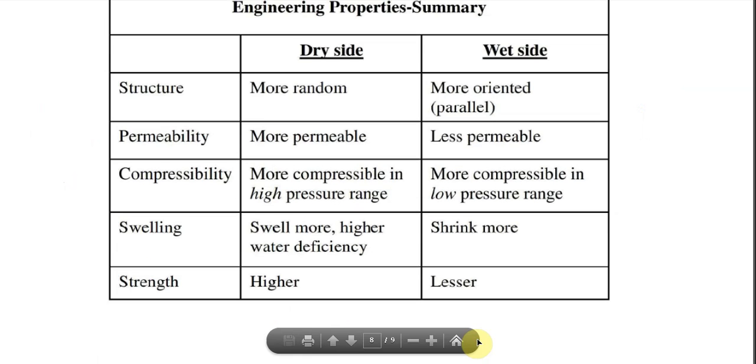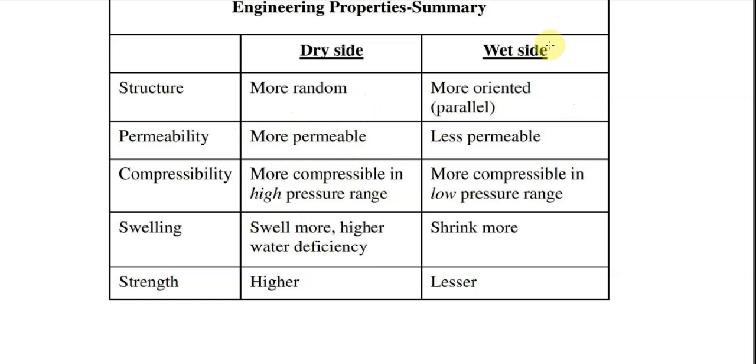If the soil is compacted dry side of the optimum, compressibility will be more in the high pressure range. And if the soil is compacted dry side of optimum, it is going to swell more. And if soil is compacted dry of optimum, its permeability will be more.